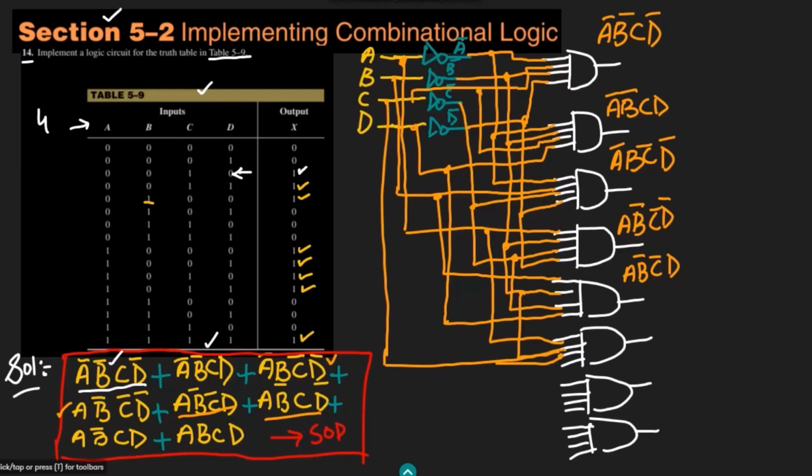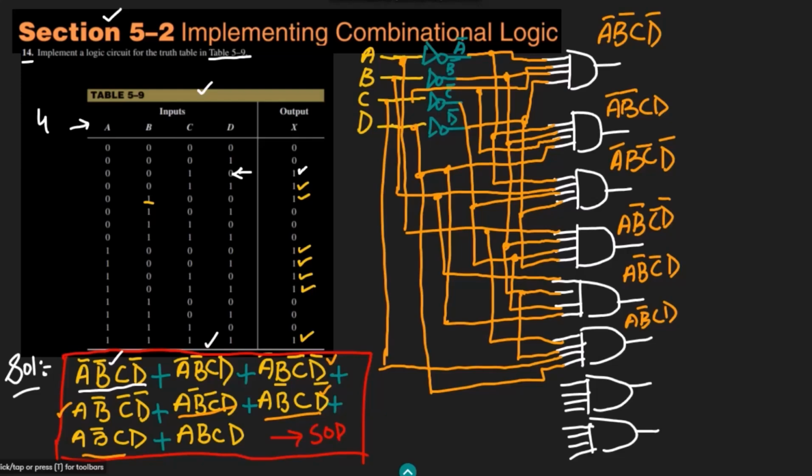Sorry, let me redraw it. Here I will have it from here, and the last term here is D. So D is again here. So what is the output? A B complement C D. The second last term is here, and that is A B complement C D.